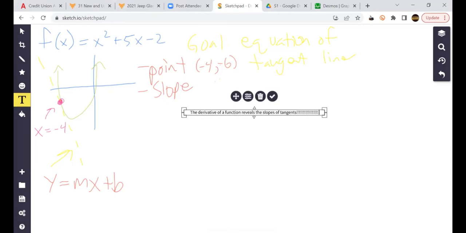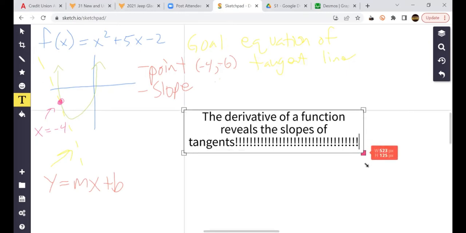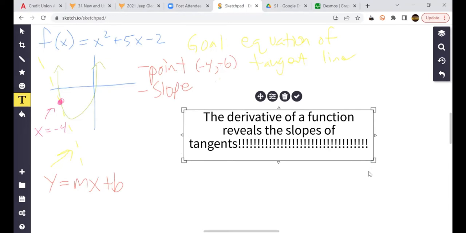And I want to emphasize this with a lot of exclamation points, because this is a fact that I sort of rehearsed to myself over and over and over. The derivative of a function can tell you the slope of any tangent at any point that is on your shape. So let's find the derivative.